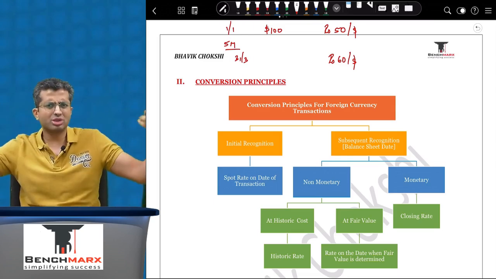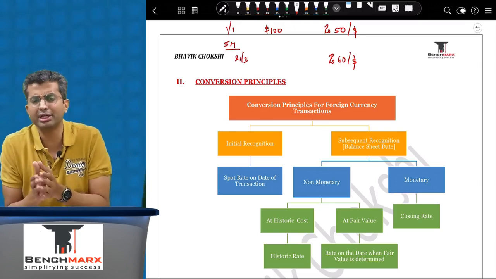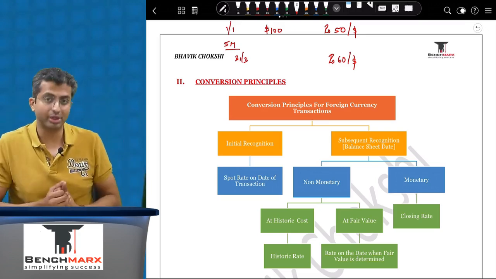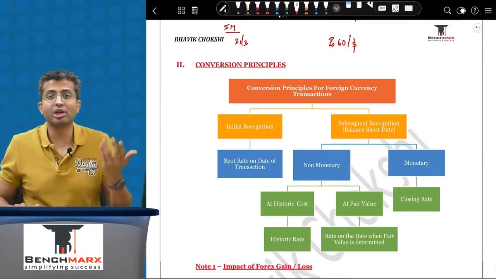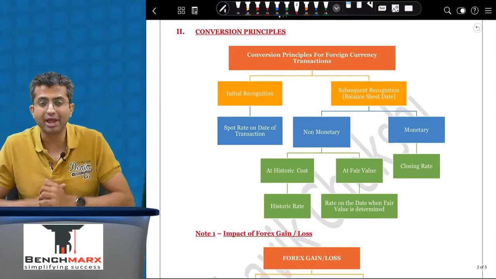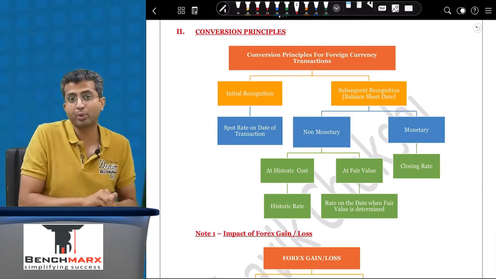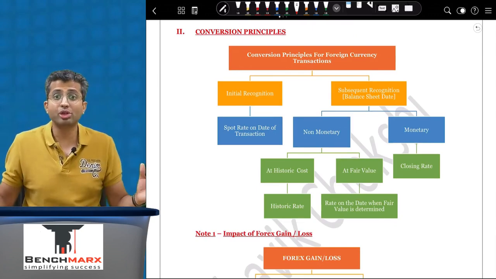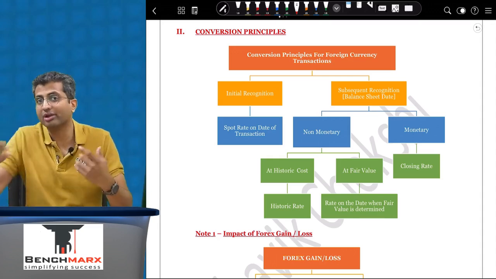Now, under AS 11, most of the time, non-monetary items would be at cost. However, under Ind AS, there are a lot of items which require a fair value measurement. So, for example, there can be investment in equity shares which are measured using FVTPL, FVTOCI, or there can be property, plant and equipment which can be measured using a revaluation model, in which case that $100 will change.